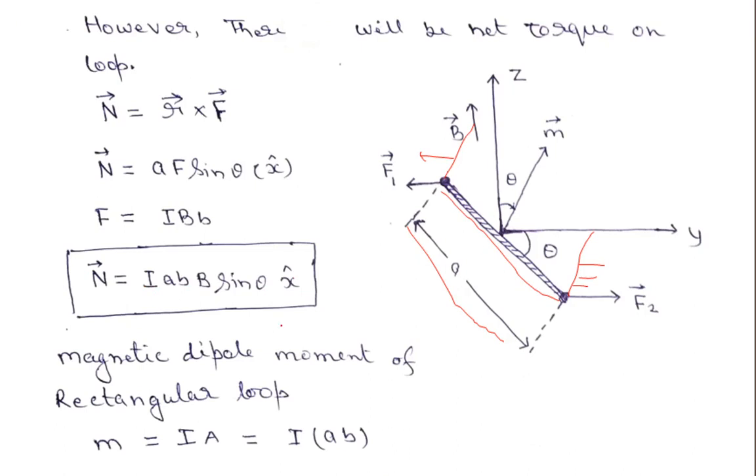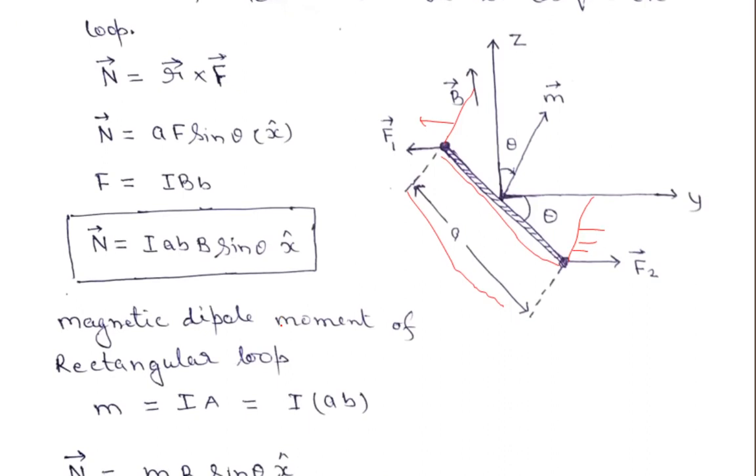Now that we know the torque, we know how much magnetic dipole is due to the rectangular loop. We know that the magnetic moment vector m is equal to I into the area vector. I is the current flowing in the rectangle, and A is the area of the rectangle, that is a into b, the a side and the b side.